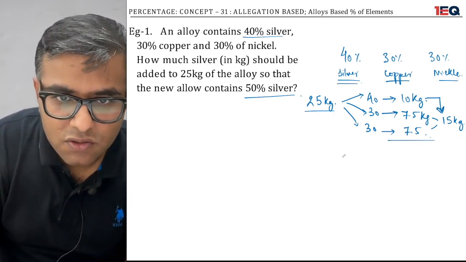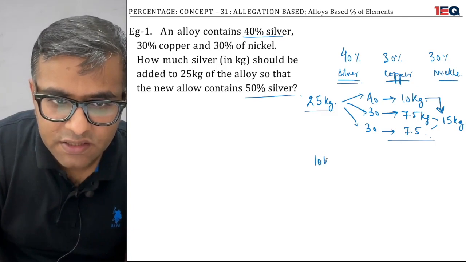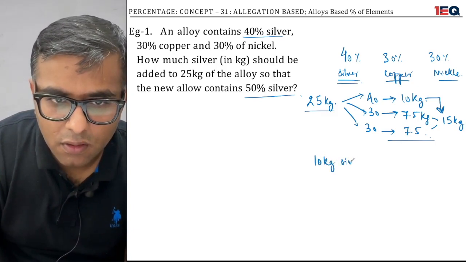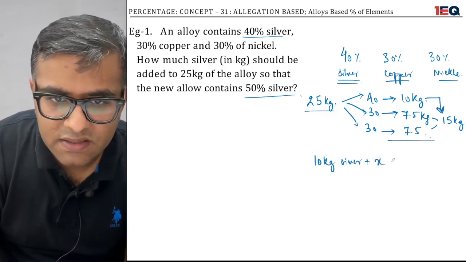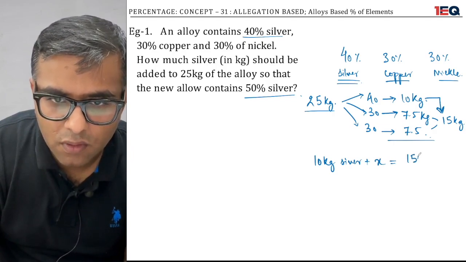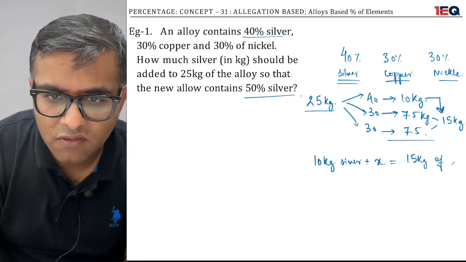So I have 10 kg silver plus X, which should be equal to 15 kg of copper plus nickel.